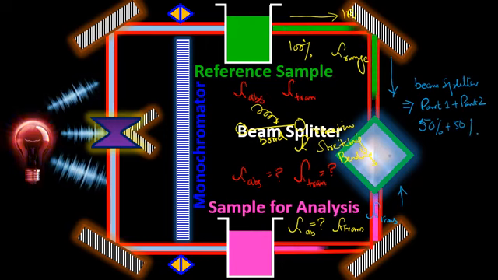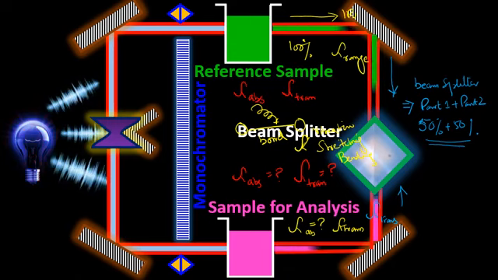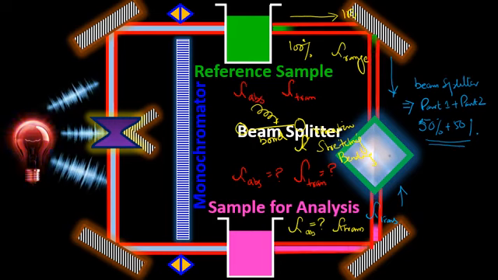So basically the beam splitter splits the infrared radiation into equal parts. However, in the instrument you can control the beam splitter and the ratio of splitting of the infrared radiation beams. But most commonly the infrared radiation which falls on the beam splitter is split into two equal parts.